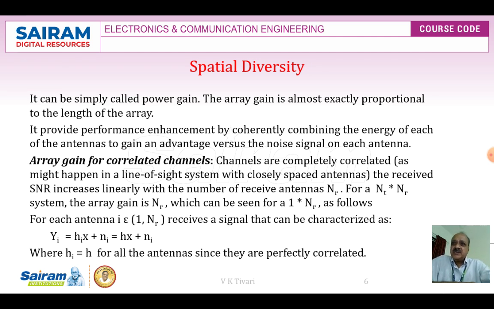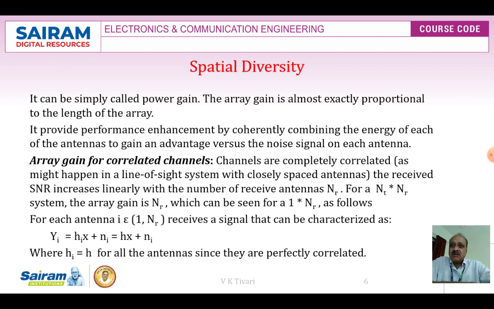It is simply called power gain, and the array gain is almost exactly proportional to the length of the array. This provides performance enhancement by coherently combining the energy of each of the antennas to gain an advantage versus the noise signals on each antenna.